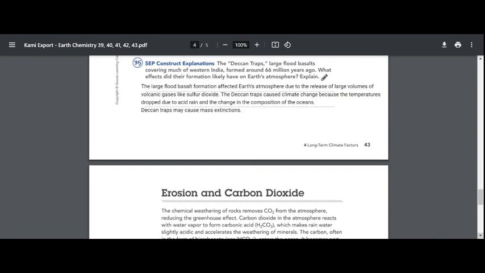The Deccan Traps caused climate change because the temperatures dropped due to acid rain and the change in the composition of the oceans. Deccan Traps may cause mass extinctions as well.